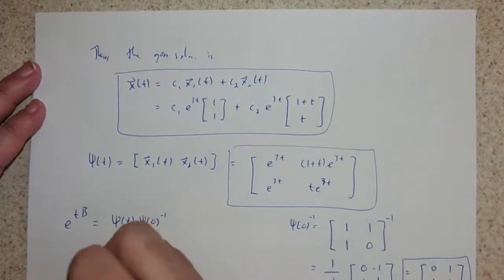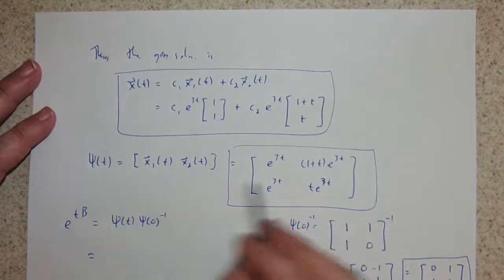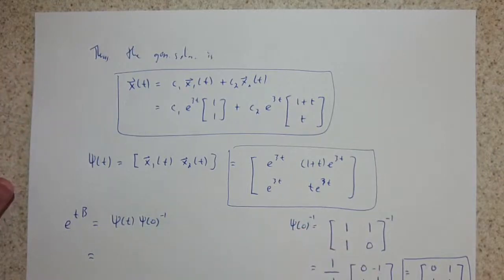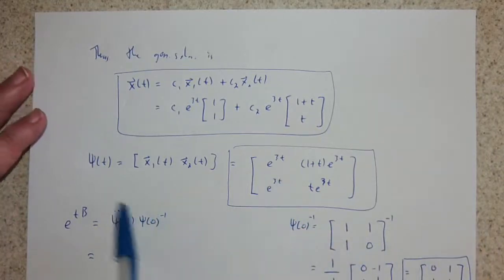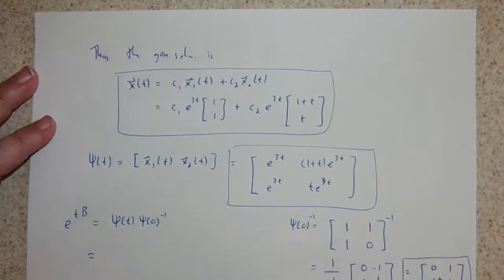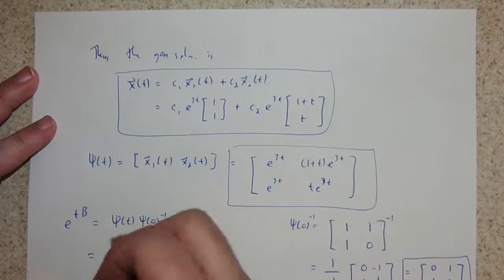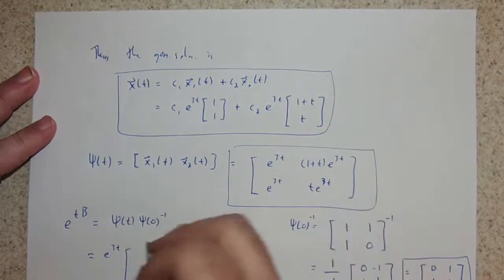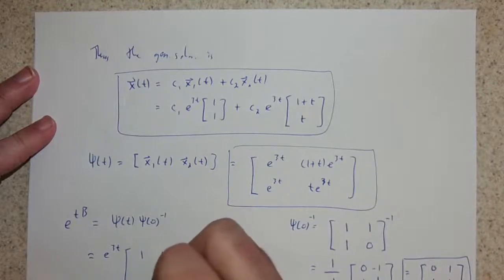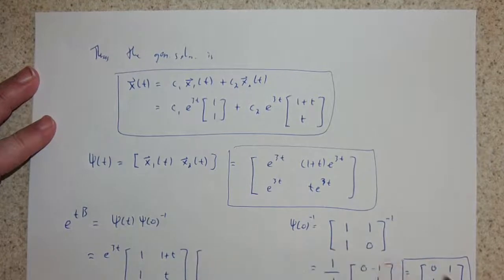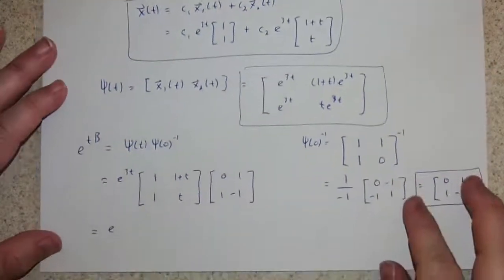So then this is going to be C of t, which is here, times this matrix. So this would be e to the 3t times the matrix 1, 1 plus t, 1, t, times 0, 1, 1, minus 1.